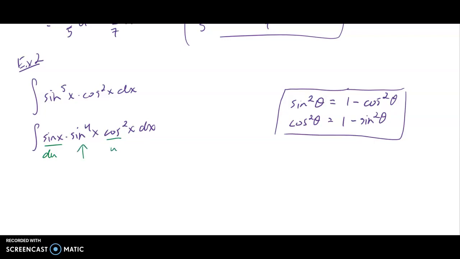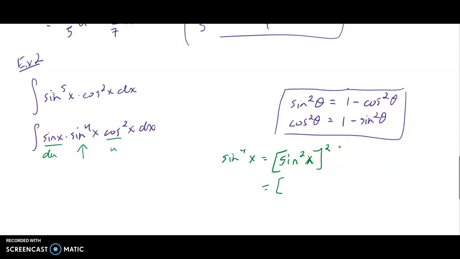I'm going to do some side work over here for that. Sine to the fourth of x is the same as sine squared x, squared. So what I can do is use the fact that sine squared theta is 1 minus cosine squared theta, and that's going to replace this inner piece right here.